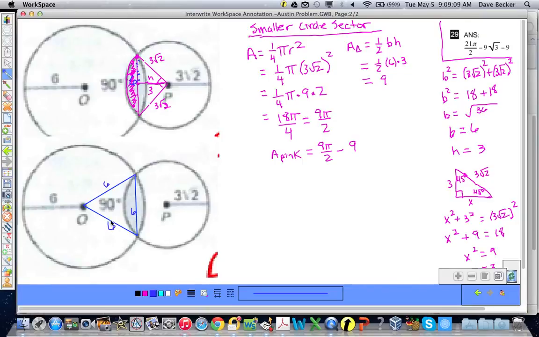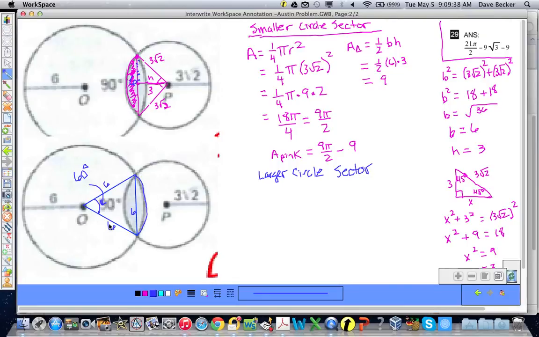Okay, which means it's an equilateral triangle, which means this angle right here is 60 degrees, or 1/6 of the entire circle. So that means now we're going to do the larger circle sector, which is this one, all the way around here.